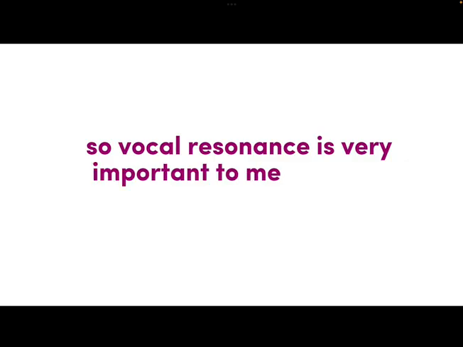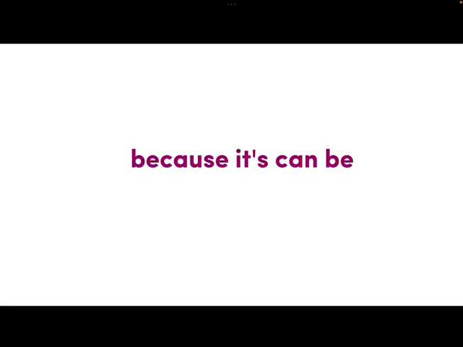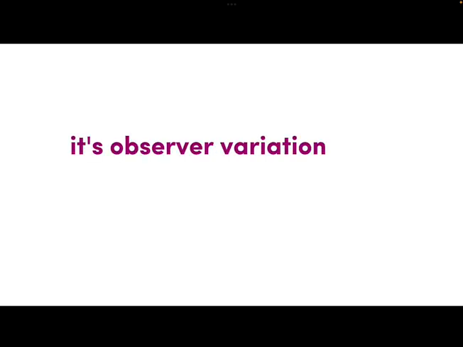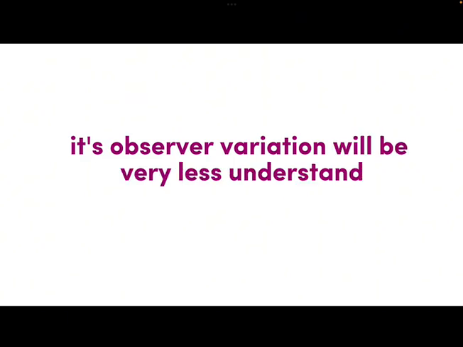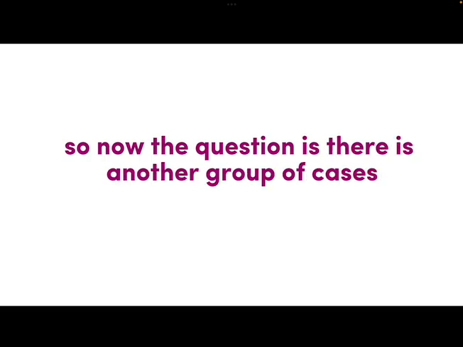Breath sound bronchial, percussion note dull, vocal resonance increased. Vocal resonance is very important to me for detection, because the observable variation in other signs will be very small. Understand?